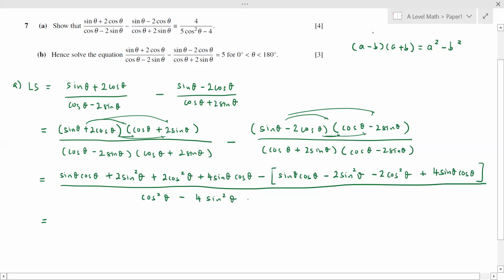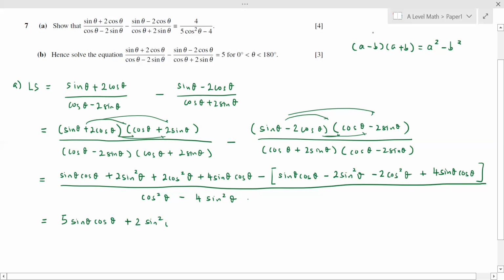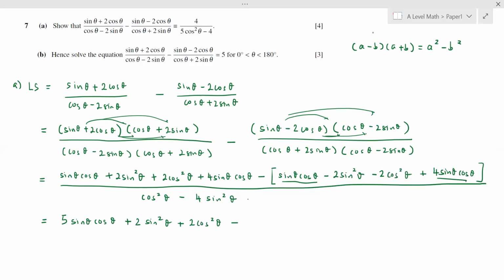Okay, now we are going to bring the negative in. So to bring the negative in, let's look at this. Sine theta cos theta. So we have 5 sine theta cos theta plus 2 sine squared theta plus 2 cos squared theta minus. So sine theta cos theta plus 4 sine theta cos theta.